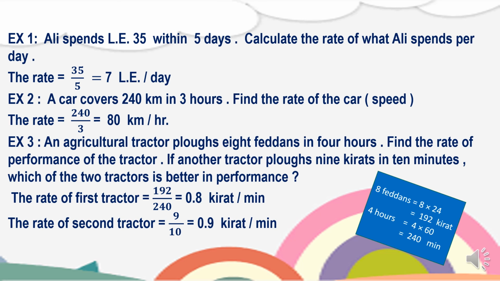And the rate of the second tractor equals 9 over 10, which equals 0.9 kirat per minute. Now I can compare between these two rates. Right, Junior 6? Yes. The second tractor is better than the first because this tractor plows more kirats in the same time.